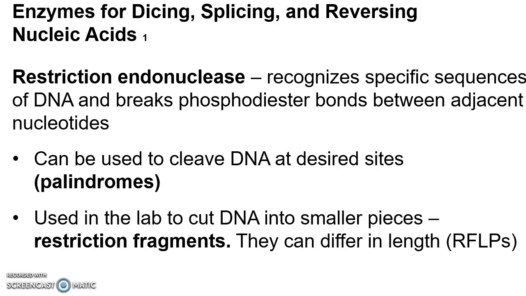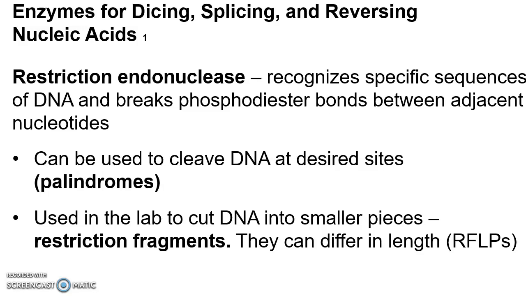When restriction endonucleases are used to cut DNA into smaller fragments, those are called restriction fragments, and even in the same species, a particular restriction endonuclease can cut the DNA up into different fragment lengths.